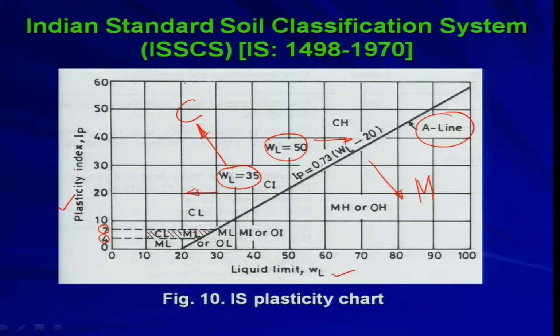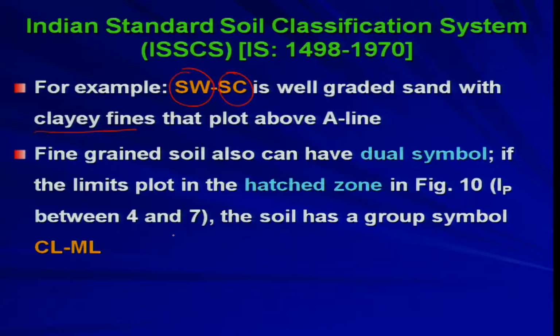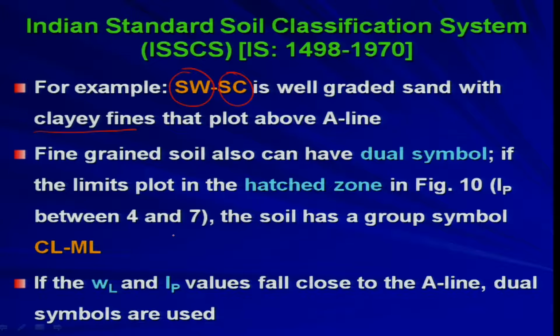So, low plastic clay and low plastic silt. So, basically the dual symbol is used if the condition falls within this hash zone. This is the dual symbol for the fine grain soil.